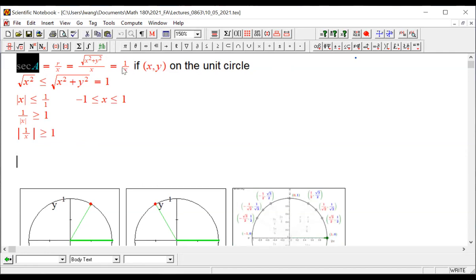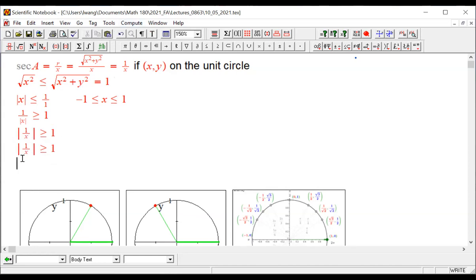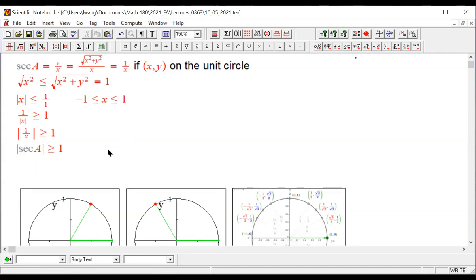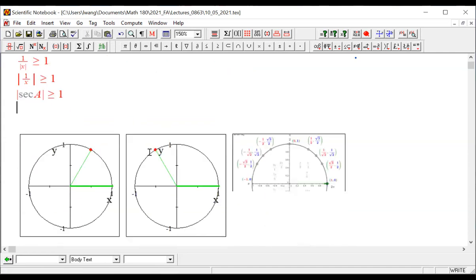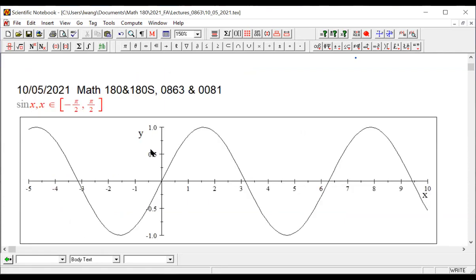Do you see that? So if I replace 1 over x by secant A, what do I get? You get the absolute value of secant A, and that's exactly the range you just described.